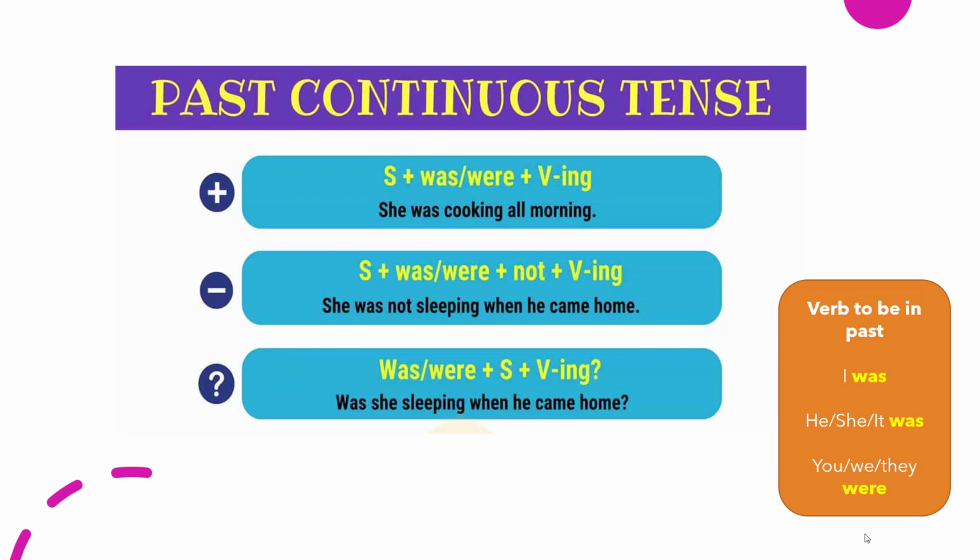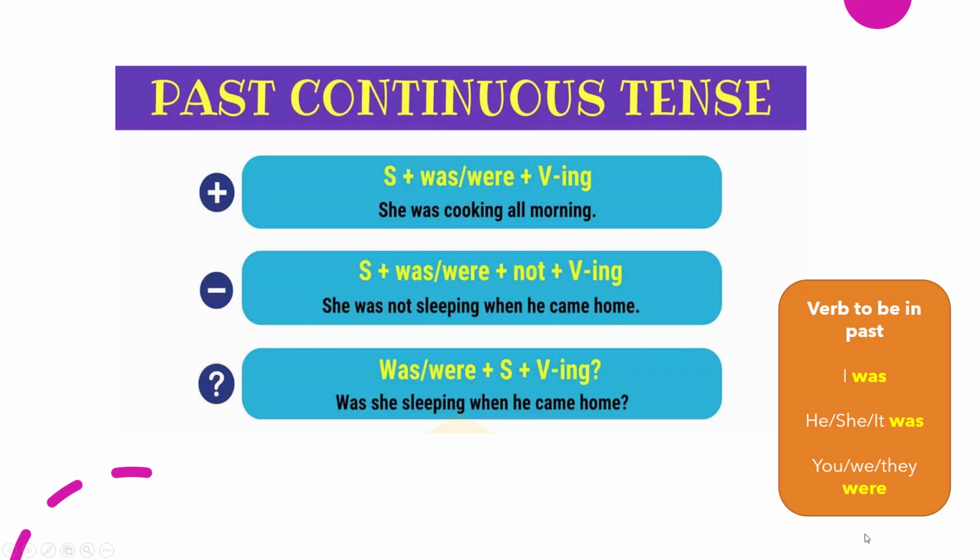Past continuous tense. Here we have the structure of the affirmative, the negative, and the interrogative form. So pay attention. This is very similar to present continuous, but it has one difference.